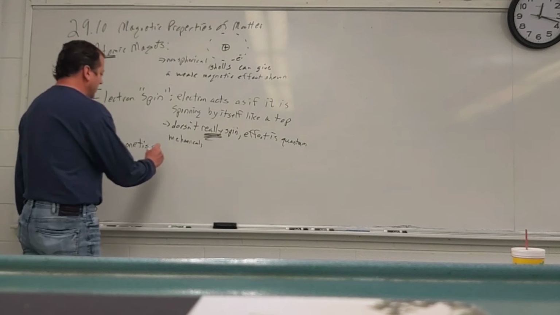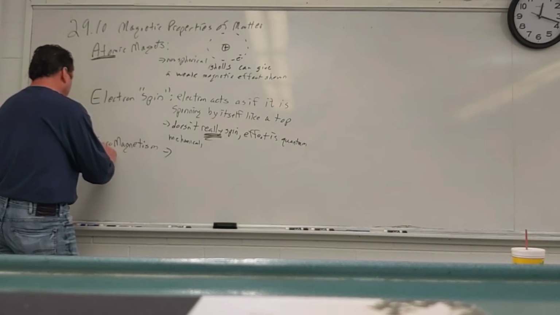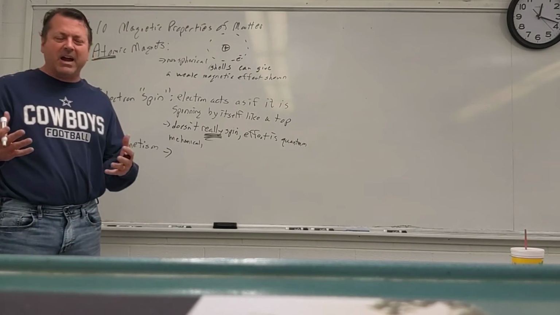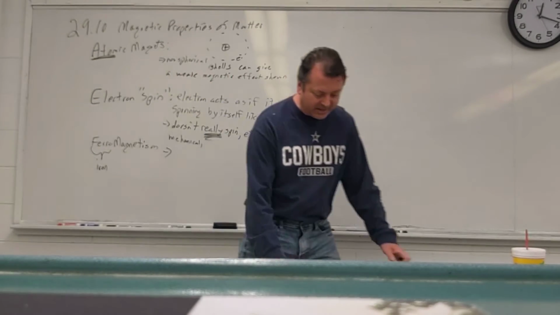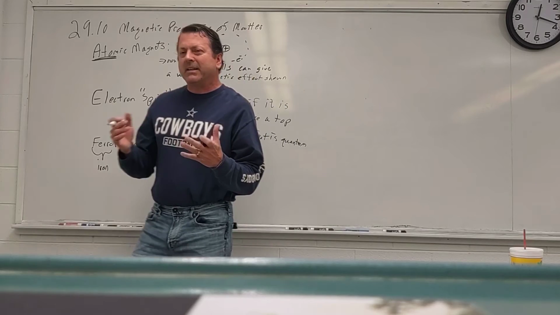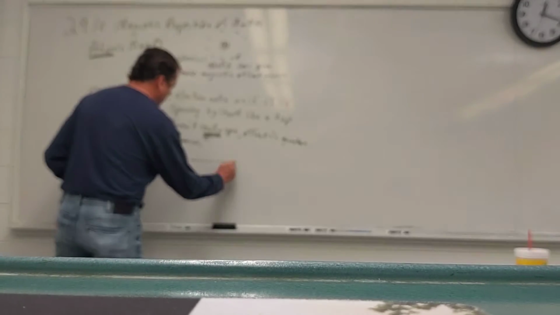Now, with ferromagnetism, ferro, of course, ferrous, means iron, things that have iron or material a lot like iron in them. And what we found is that these things have magnetic domains.